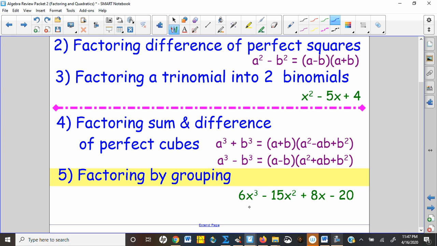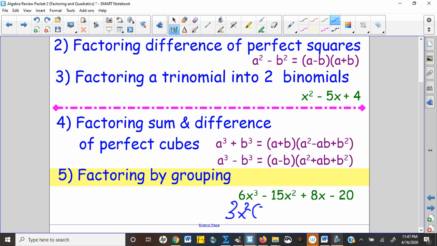But you basically don't have anything that goes into everything. Like 2 and 3 go into 6, but 2 doesn't go into 15, and 3 doesn't go into 8, and most of them have x's, but 20 doesn't have an x, and so there's nothing I can take out from everything. So you just isolate 2 at a time. With the 6x cubed and the 15x squared, I could definitely take out a 3, and I can take out x squared.